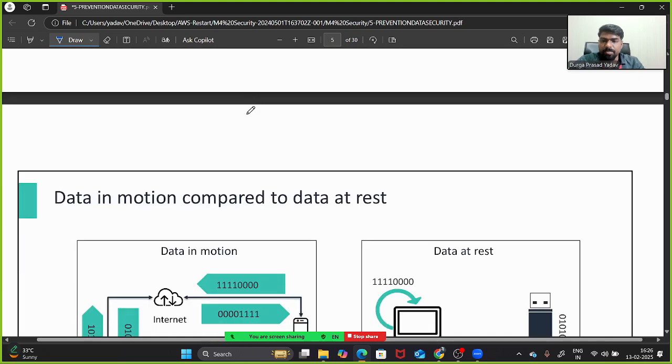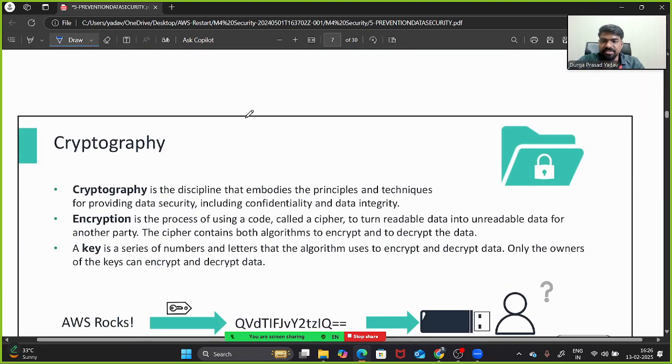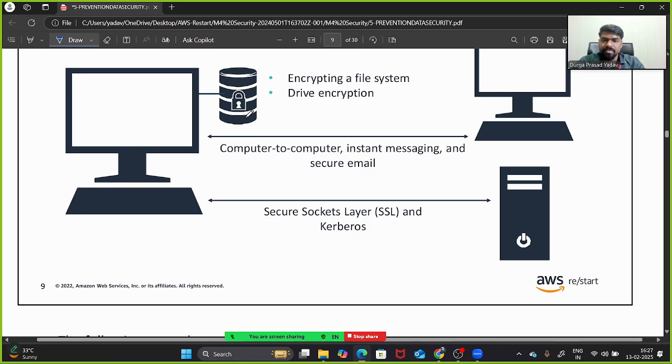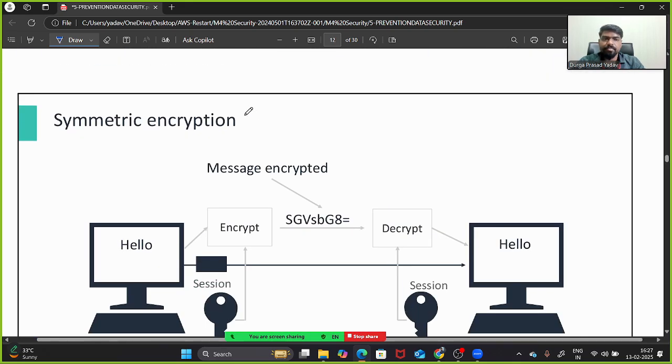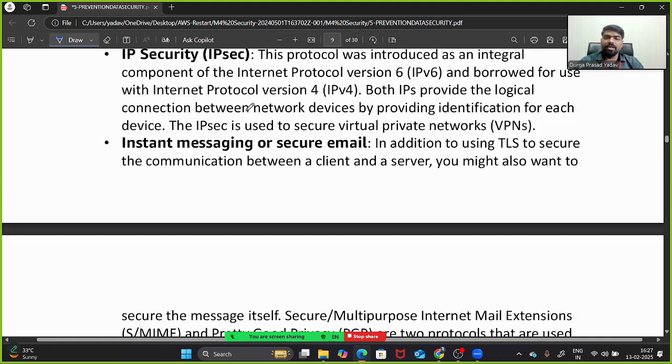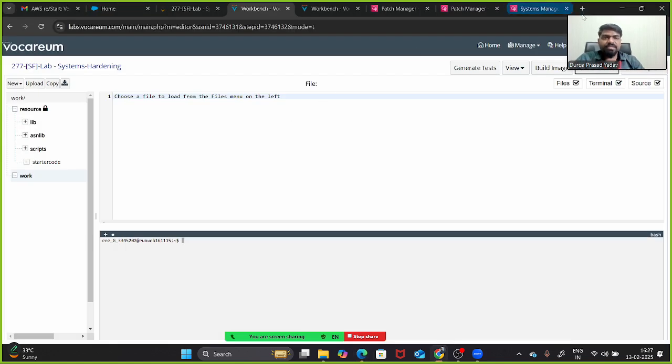So the next topic which we are going to see here is encryption. Before encryption, we need to understand about AWS CLI. Okay, let's start, guys.